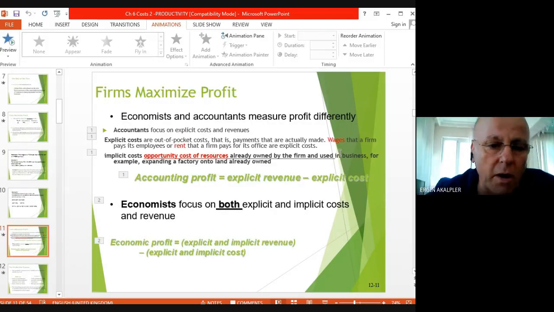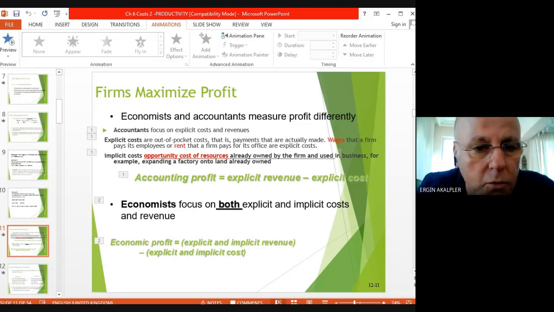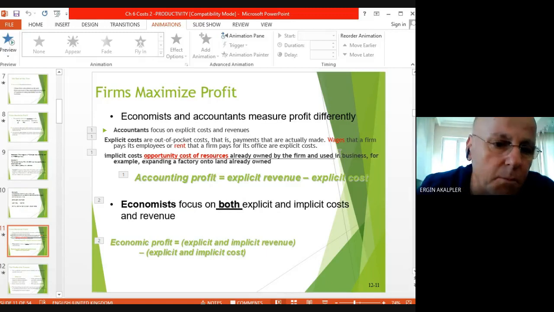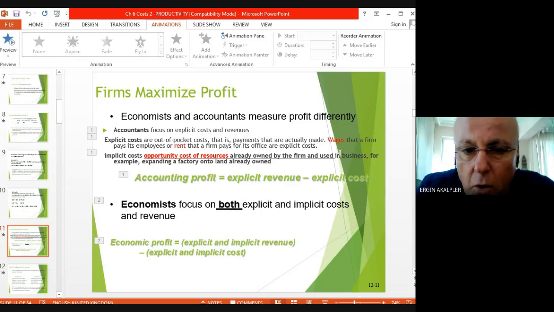When we go further to look at profit, to understand how it is going to be maximized in a given scenario, economists and accountants measure profit differently. Accountants focus on explicit costs and revenues. Explicit costs are out-of-pocket costs, that is, payments that are actually made, such as wages that a firm pays its employees and rent that the firm pays for its office.